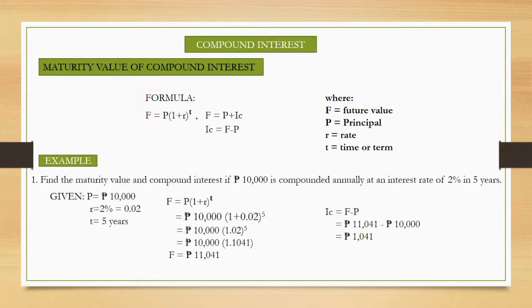Example number 1: find the maturity value and compound interest if 10,000 pesos is compounded annually at an interest rate of 2% in 5 years.